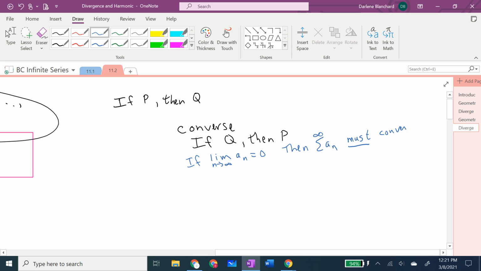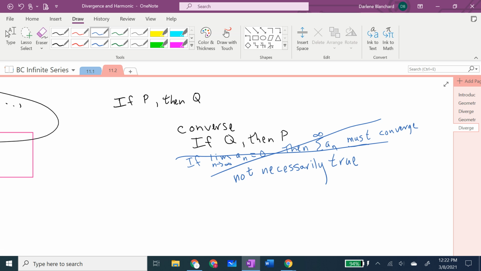Is that enough to say that it must converge, just that its final term is heading to 0? Correct, you have no idea. You really don't. And this is not necessarily true.